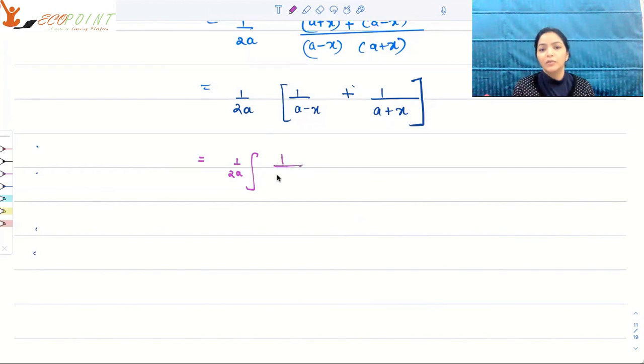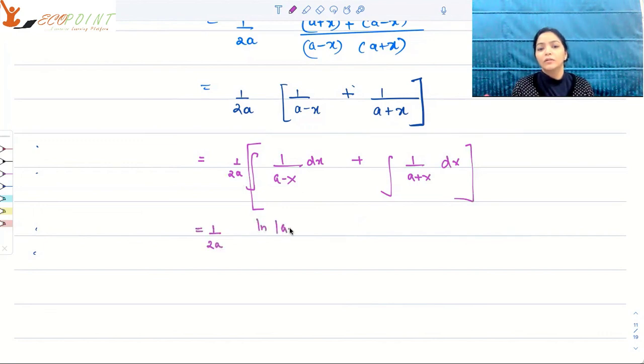Integrate 1 upon a minus x dx plus integrate 1 upon a plus x dx. So this becomes 1 upon 2a, log a minus x plus log a plus x, whole thing plus c.